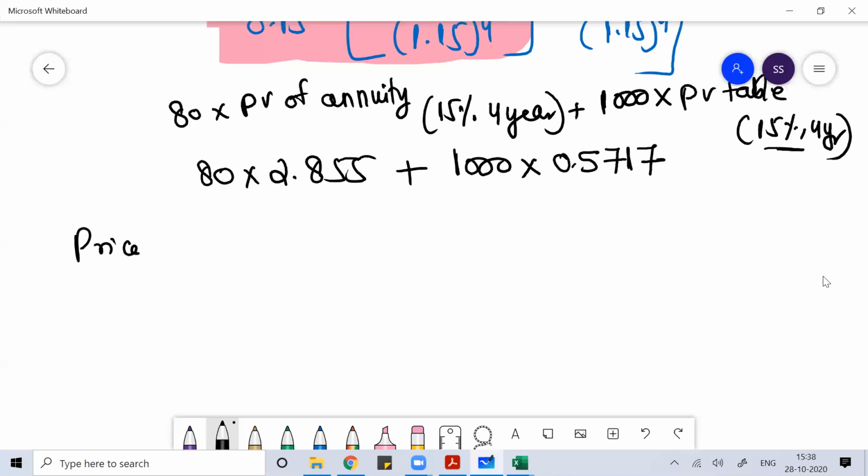So the price of the bond that you will get would be equal to 80 into 2.855, which is 228.4, plus 1000 into 0.5717, that is 571.7.